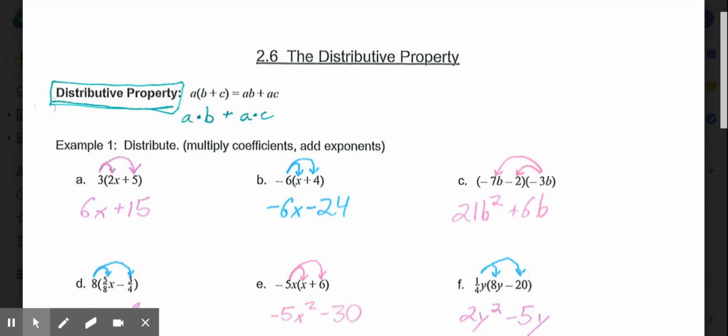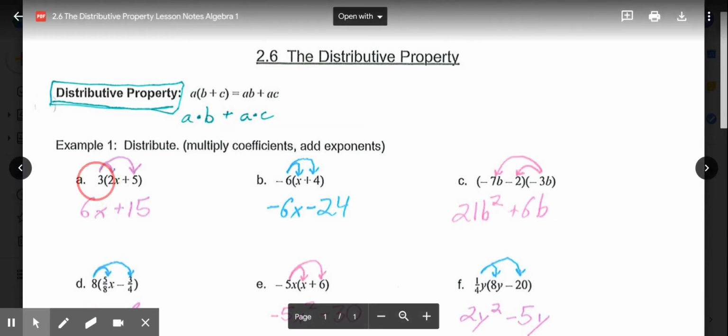So in other words, the distributive property tells us we can take what's outside the parentheses and multiply it by each part of the interior.